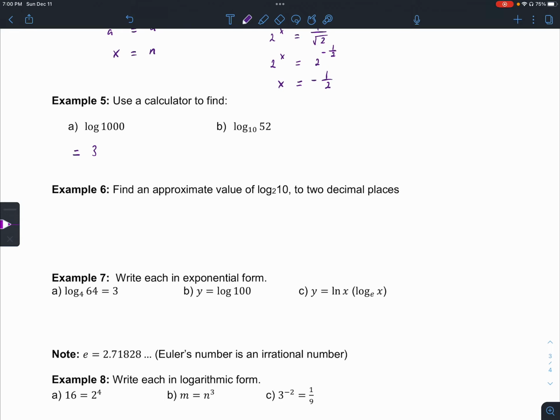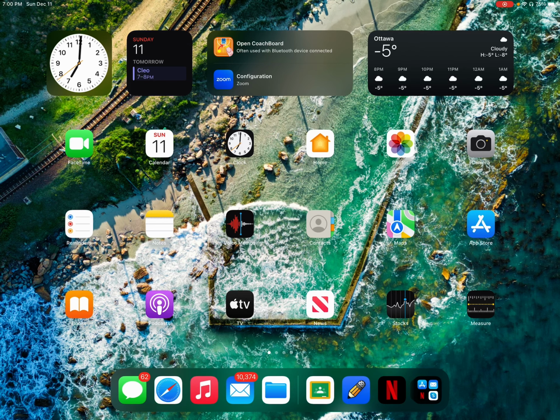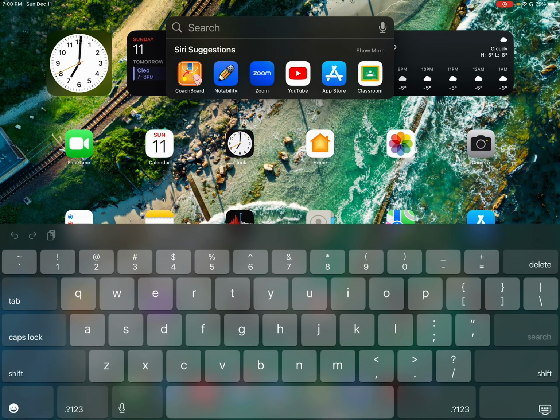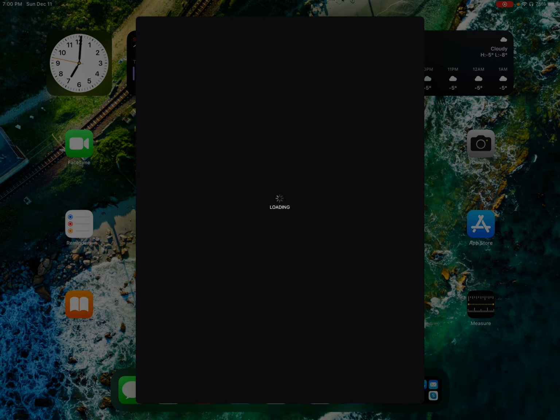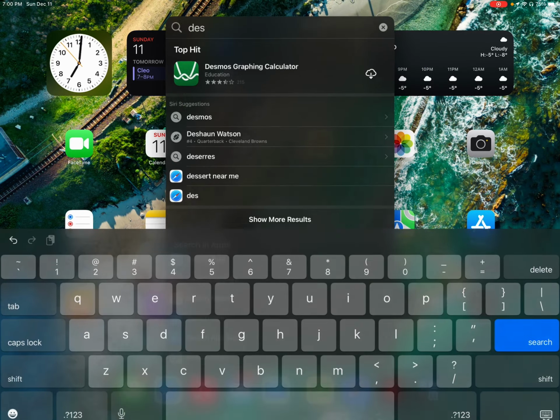Now this one, in order to evaluate this one, you're going to have to use a calculator. So since I don't have a calculator, I'm just going to use Desmos as a calculator. Now Desmos is a very good scientific calculator. I guess I actually don't have Desmos installed.